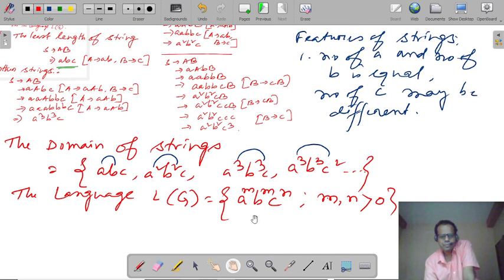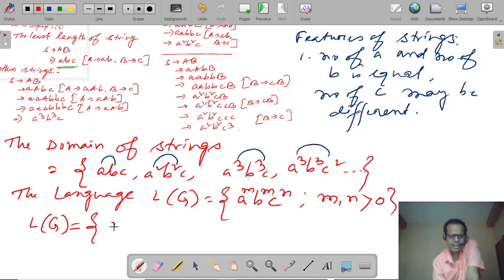So the language is A to the power m, B to the power m, C to the power n, where m and n are greater than 0. So L of G is A to the power m, B to the power m, C to the power n, whereas m, n greater than 0.